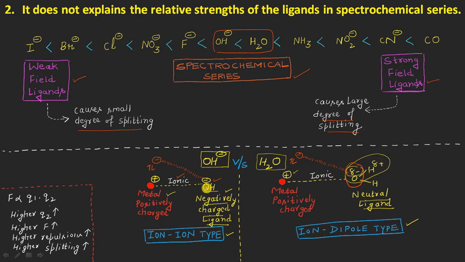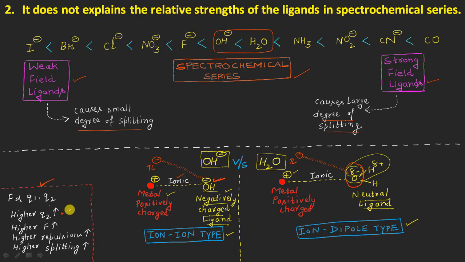So now when both these ligands will be approaching the central metal ion, in this case here where the ligand is hydroxide, because of the presence of a strong negative charge or a high magnitude of charge, according to this law here, what will happen?